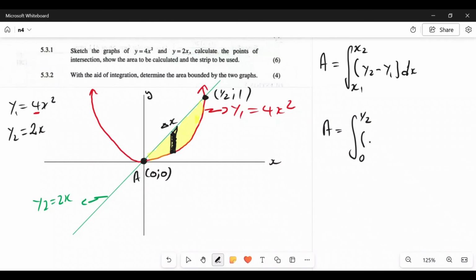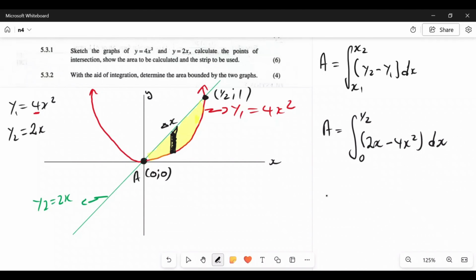So remember, y2 is actually 2x. And then the red graph, which is y1, the parabola, is underneath the area that we highlighted. So this is going to be minus 4x squared. We multiply by dx, by the way.